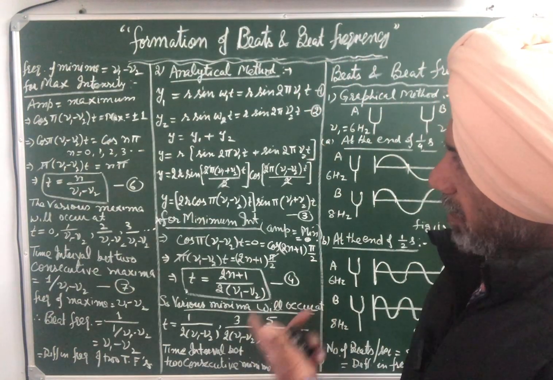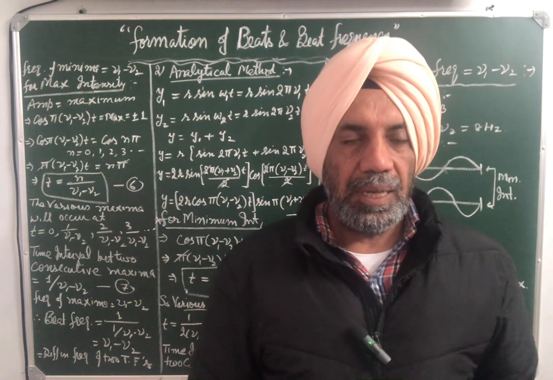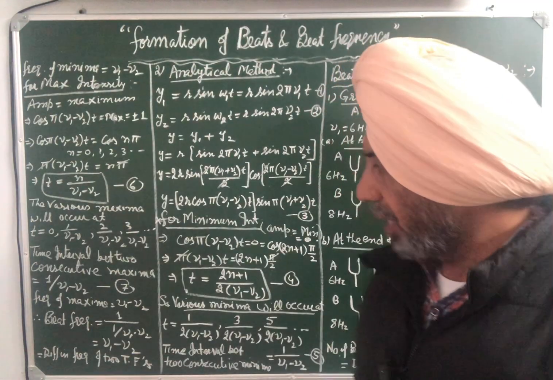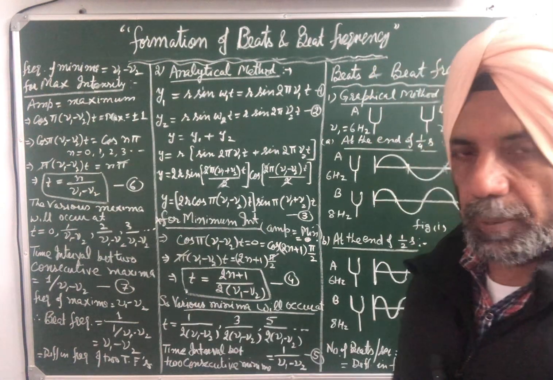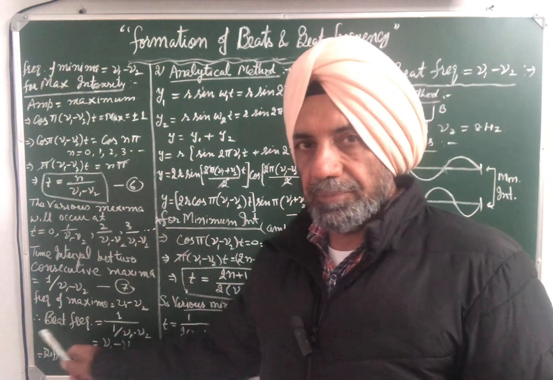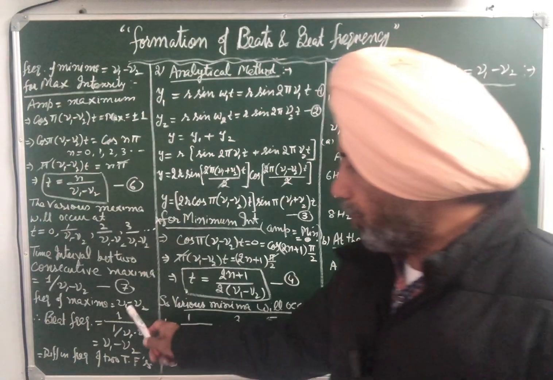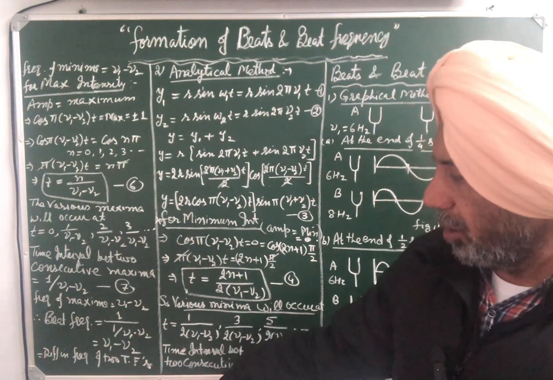That's why maxima and minima occur at regular intervals of time, by the definition of beats. Therefore the frequency of maxima is also ν1 − ν2, so the beat frequency is given by 1/(1/(ν1 − ν2)), which is equal to ν1 − ν2.